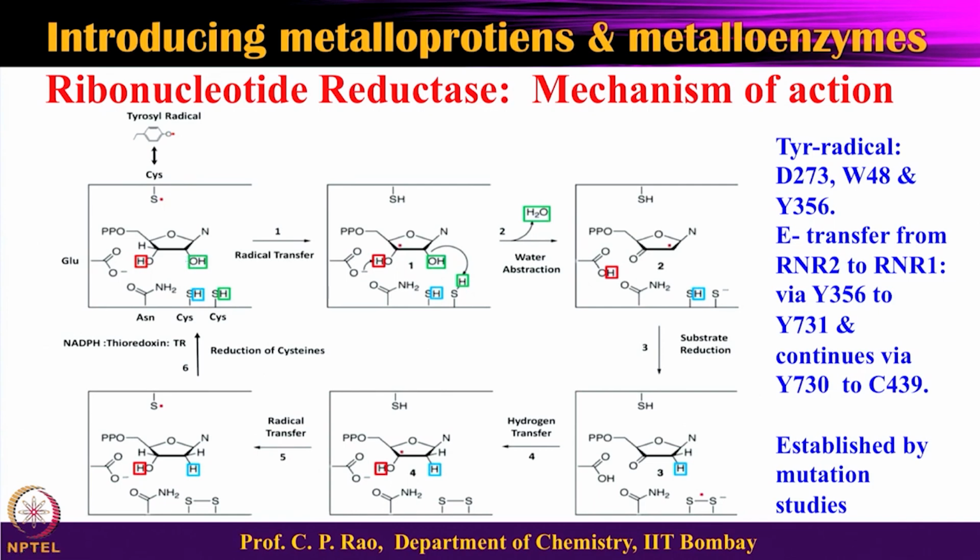Now, let us look at the mechanism of such an enzyme. As I said, there is a radical at the tyrosine, and the C terminal is interfaced with the C terminal of the RNR1. And this radical basically generates a radical at the cysteine at this interface in the RNR1.